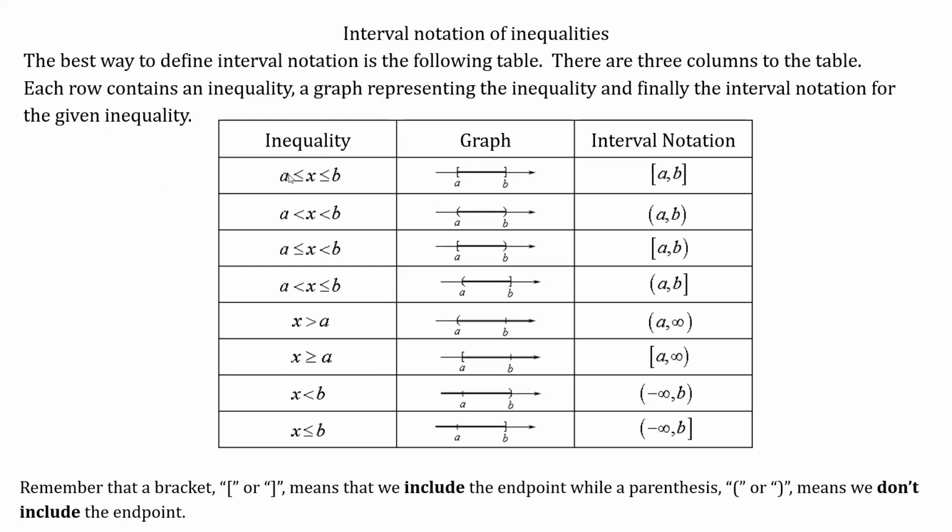So, for example, x greater than or equal to a and less than or equal to b in the graph representing form, and the interval notation of this inequality is given in this form.